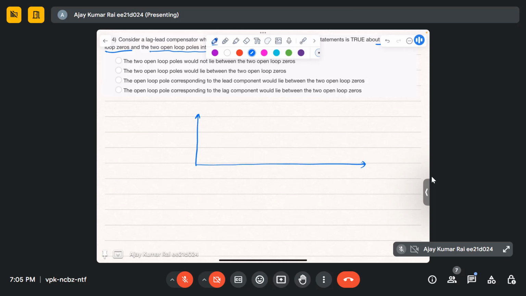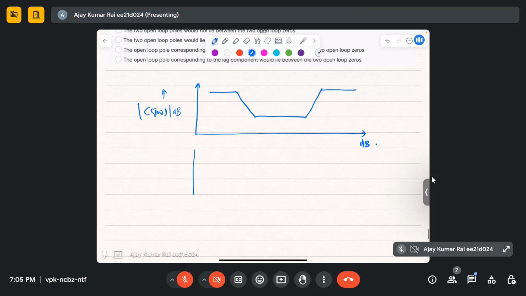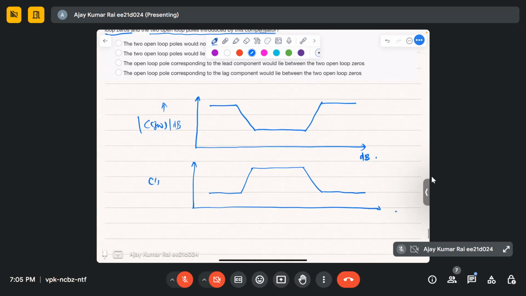I'm drawing the Bode plot for the lag lead compensator. So first one is correct, right?